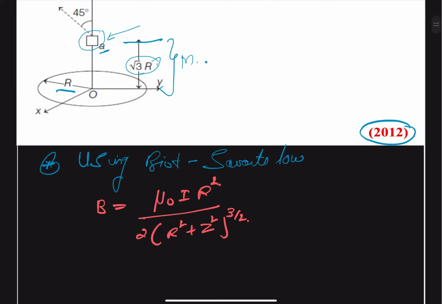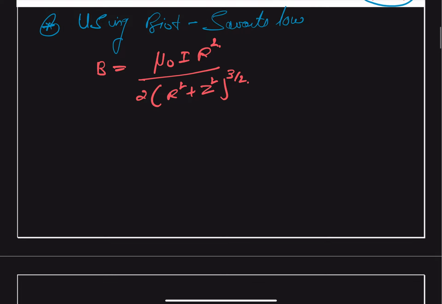Here z is this distance, r is the radius, and I is the current flowing in this loop, and z is given to us as square root of 3 times r.